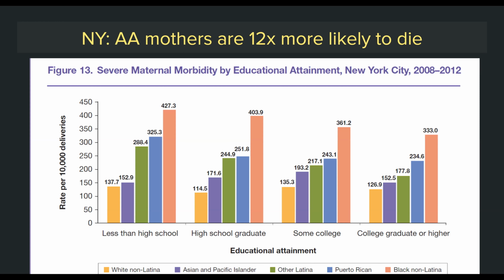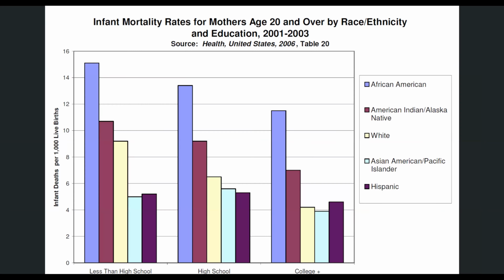So socioeconomic status, education, and other factors do not appear to protect Black women from this risk. When we look at infant mortality rates for mothers aged 20 and over by race and education, we can see the same thing that we saw in the last one. So infant mortality among white American women with a college degree or higher is approximately 4 deaths per 1,000 live births.